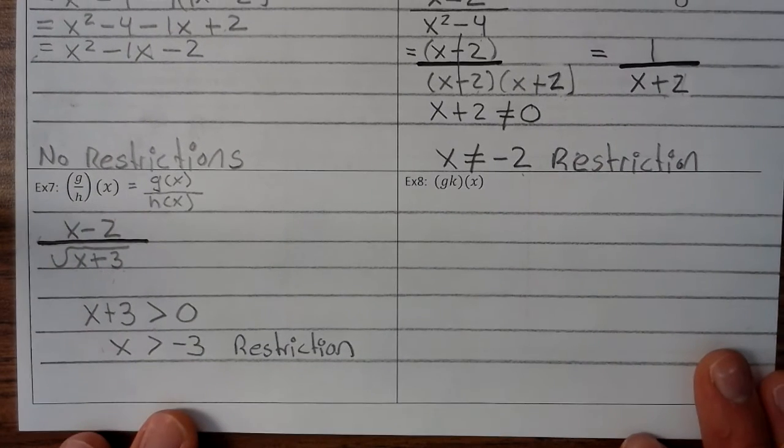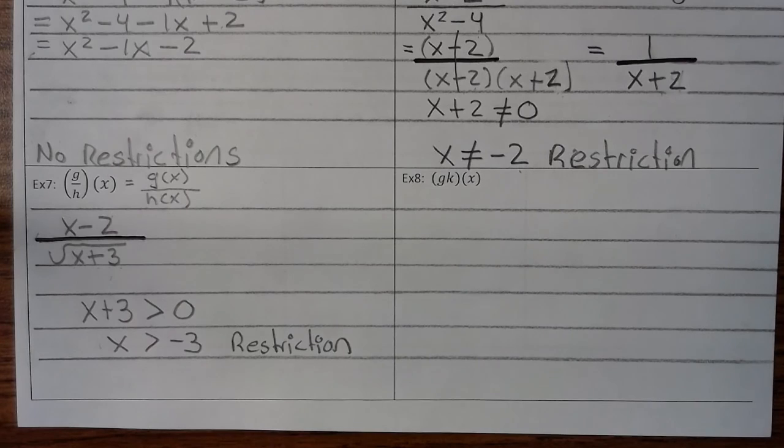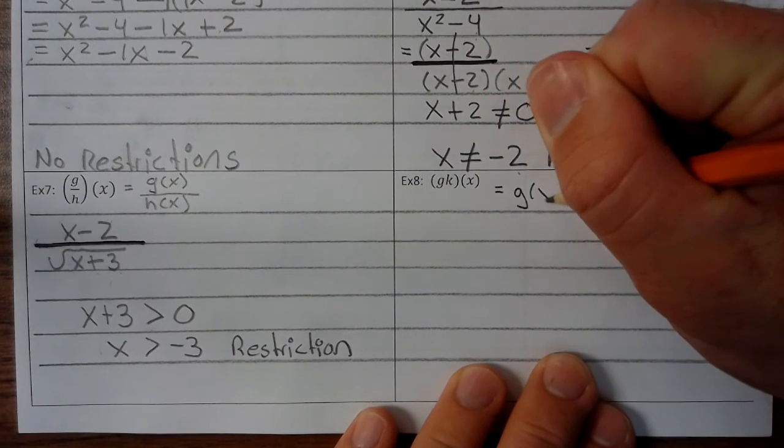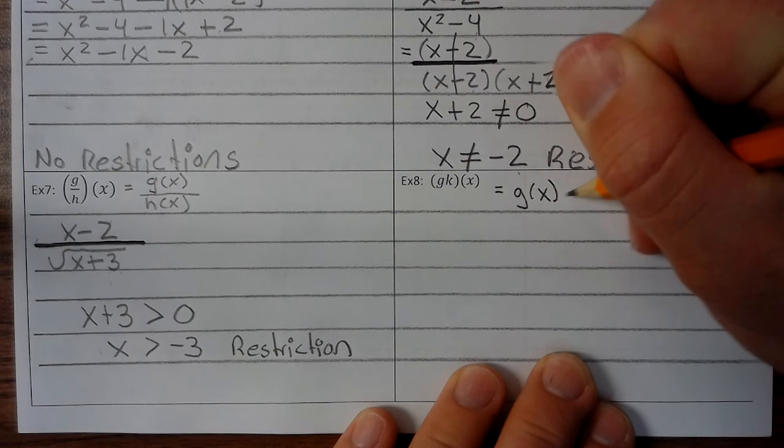All right, example 8. So here we have g of x times k of x.